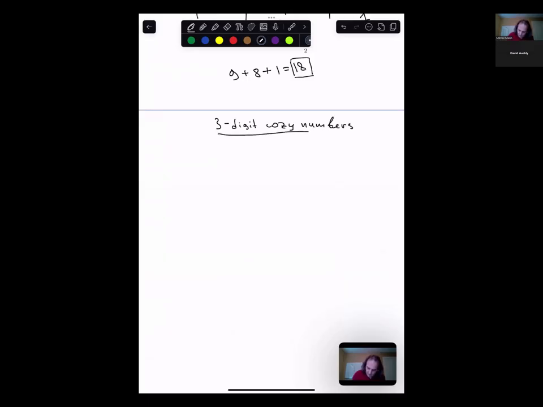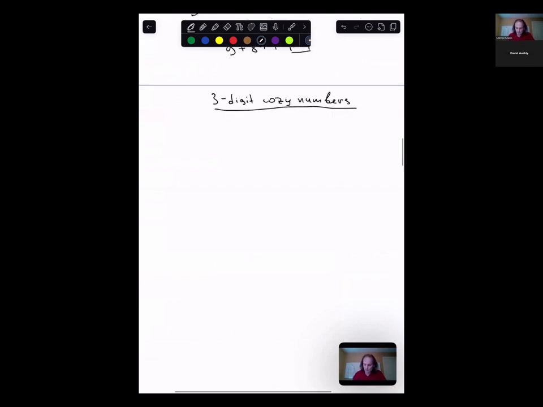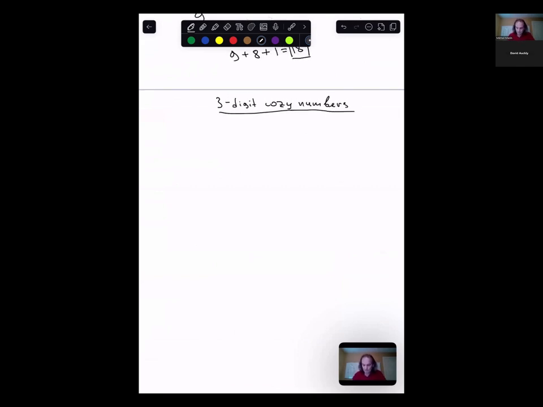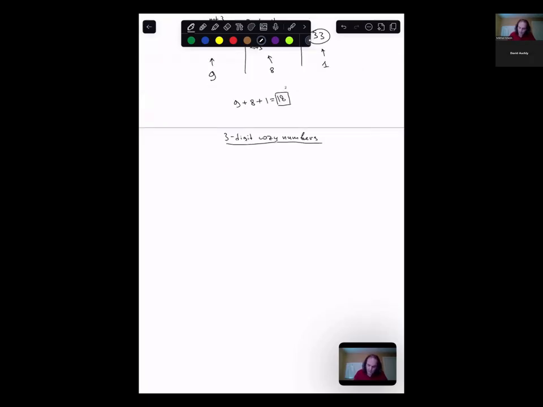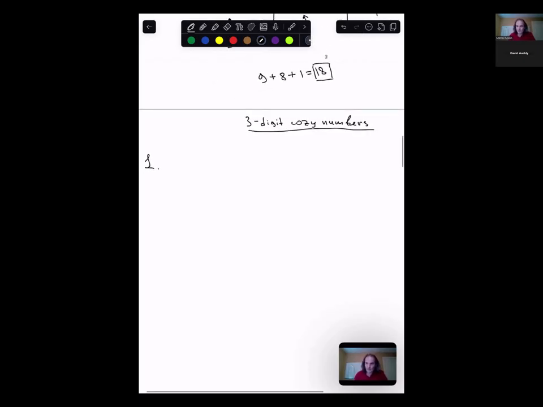So what are the different types of three-digit cozy numbers we should count separately? Okay, the first one: 3 in the middle. Let's count right away how many of these we have.